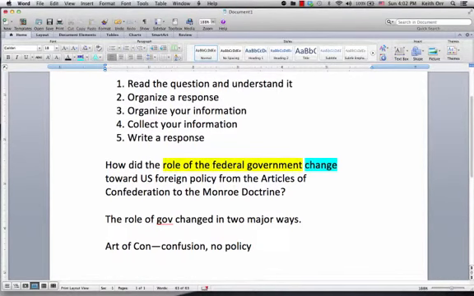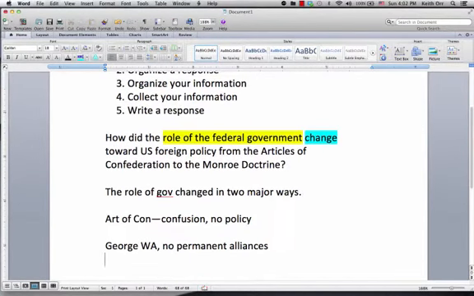Then George Washington, no permanent alliances, and the role of government was clear, leader, stronger.